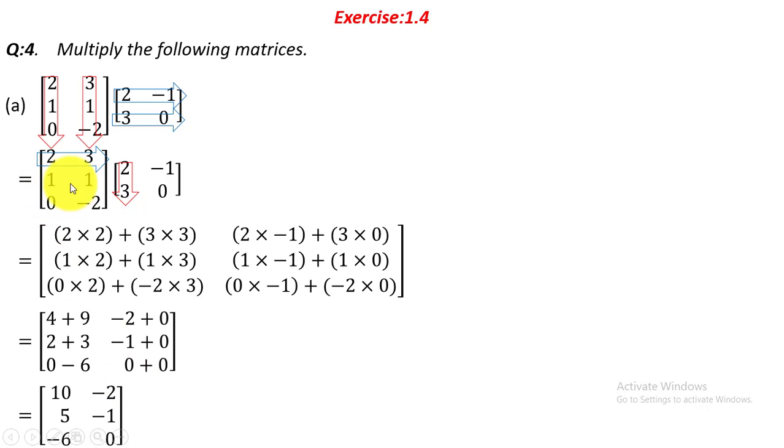So the product of these two matrices is equal to the matrix having elements 10, -2, 5, -1, -6 and 0.